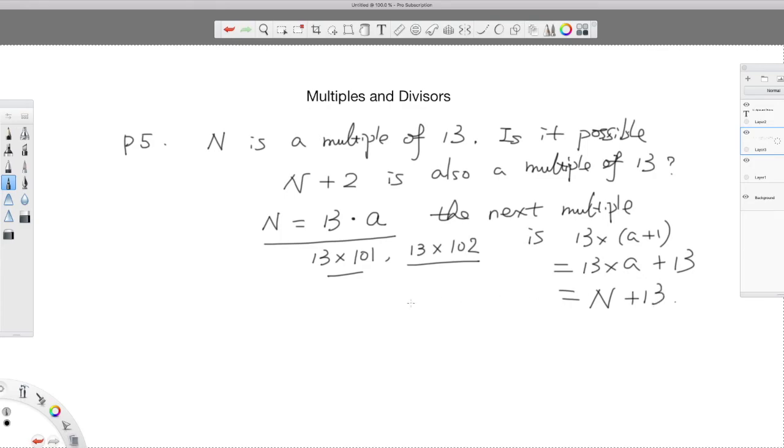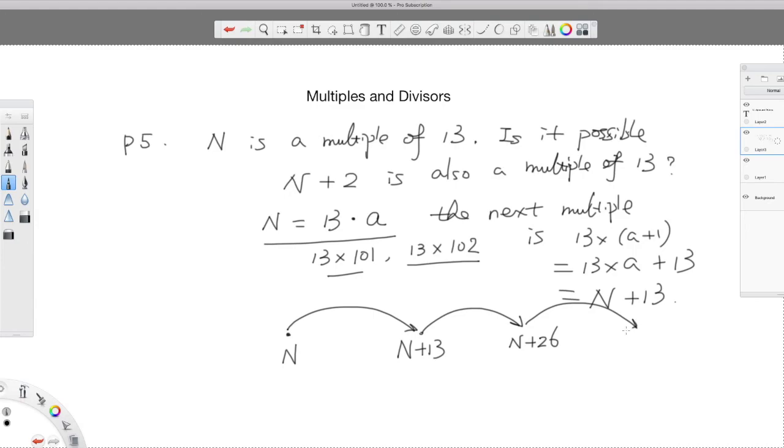So if I found a multiple of 13, n, the next multiple of 13 is going to be 13 away. Let's say this is n, a multiple of 13. The next one is n plus 13. And of course, the next one, again, is n plus 13 plus 13, which is n plus 26.